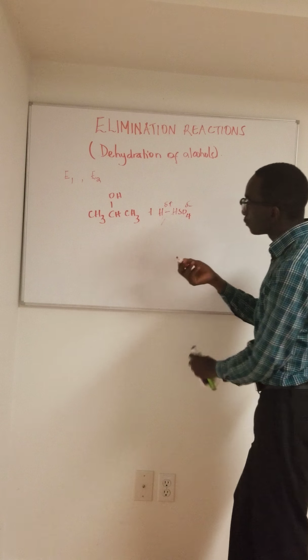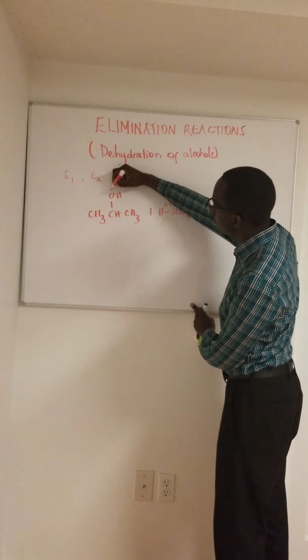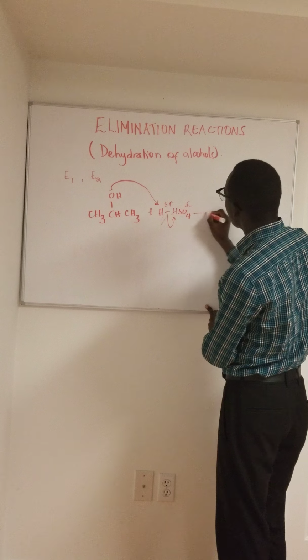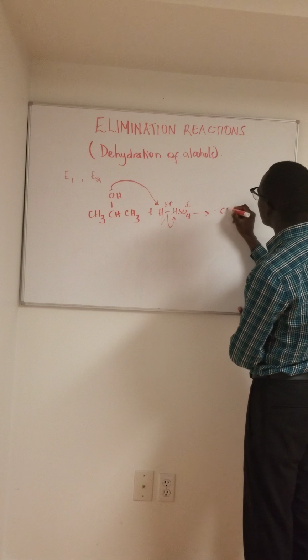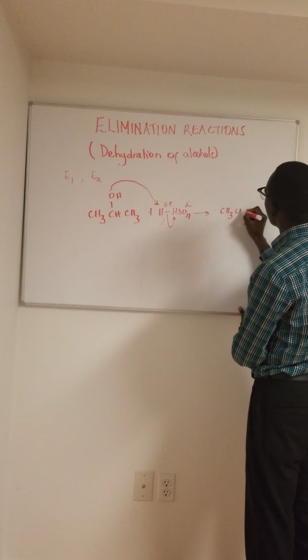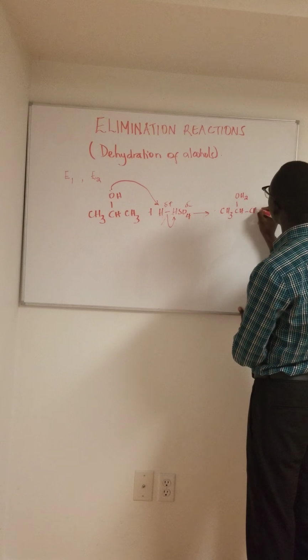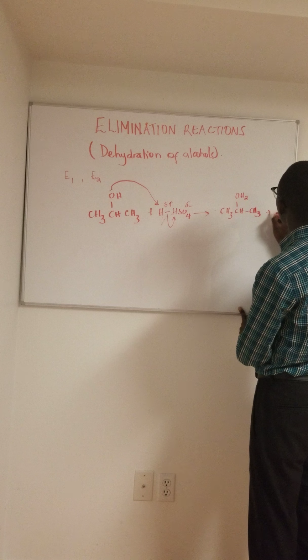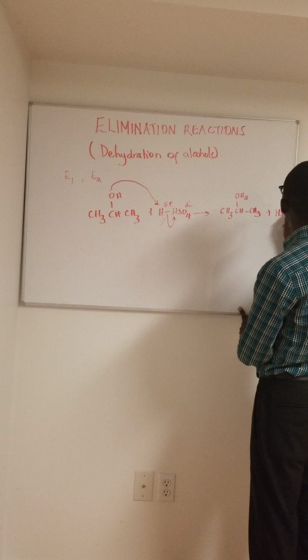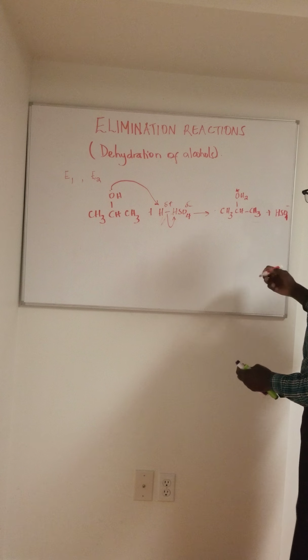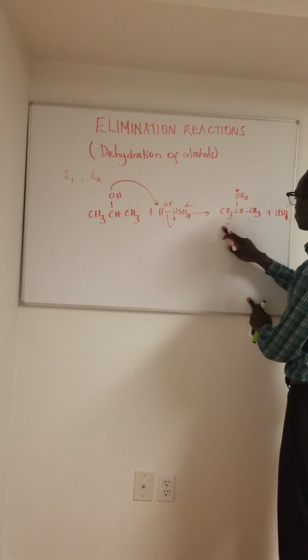The mechanism is still the same. This lone pair of electrons attacks this hydrogen, this bond breaks off, and then we form CH3, CH, OH2, CH3 plus HSO4 minus. Now, at this point, this is when we decide.